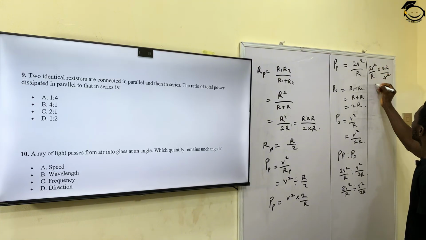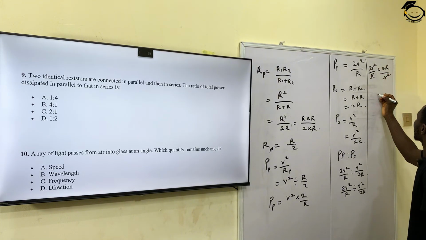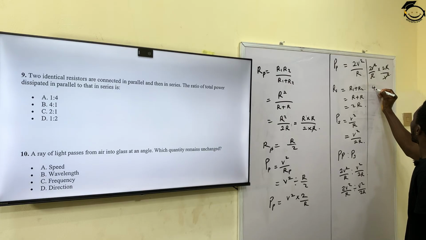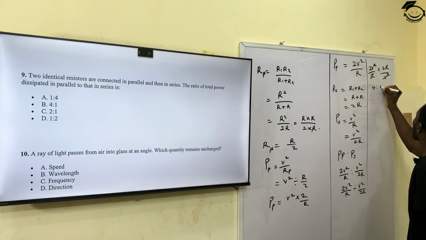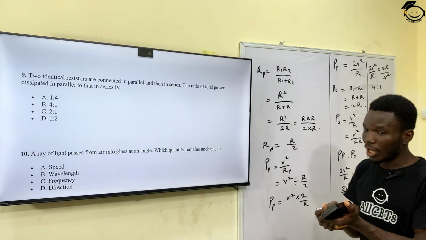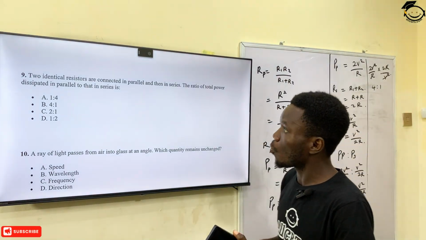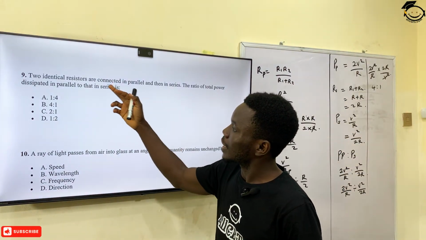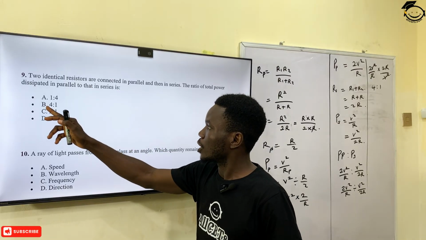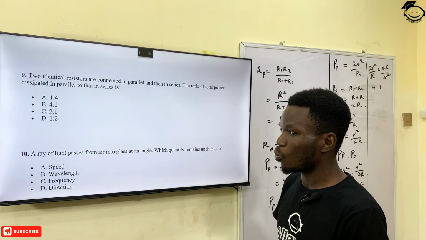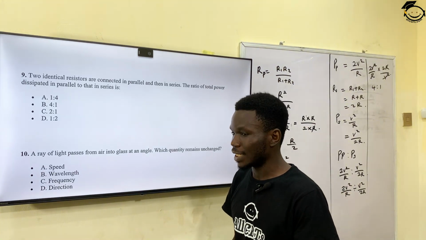V squared cancels V squared, and R cancels R, so I'll be having 4:1. Looking at our options, the correct answer to this question is B, which is 4:1.